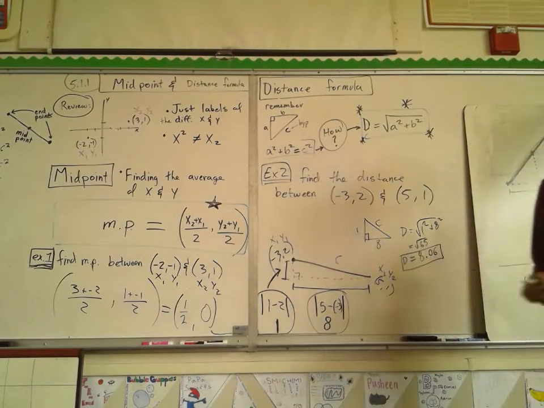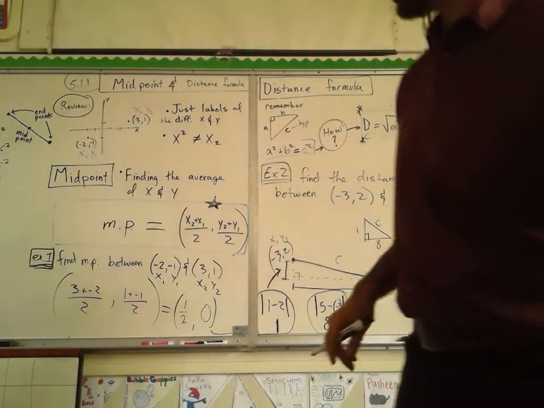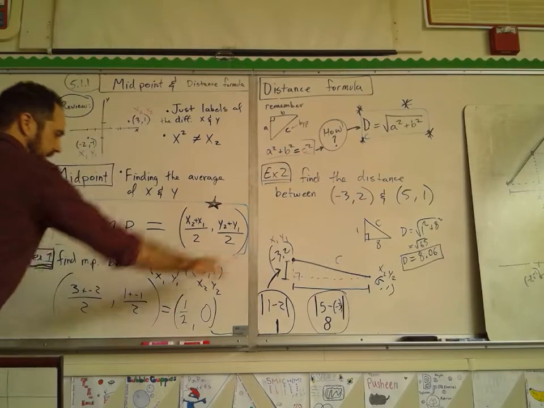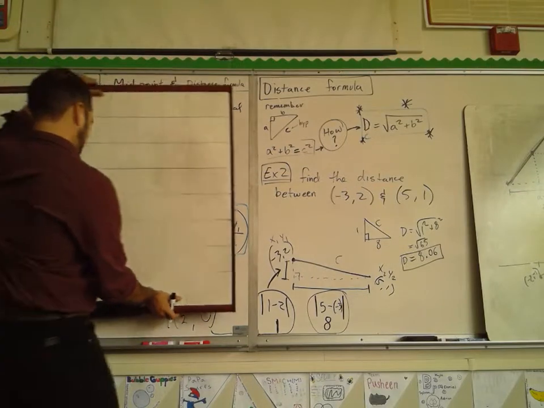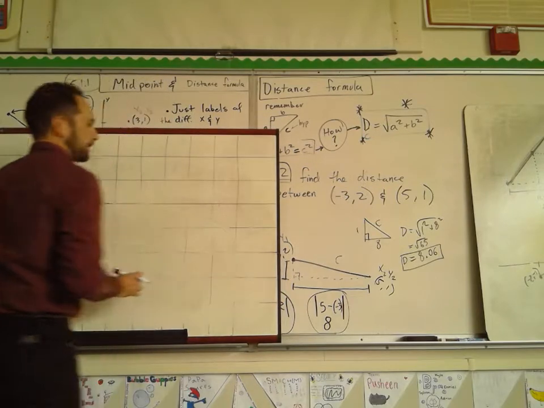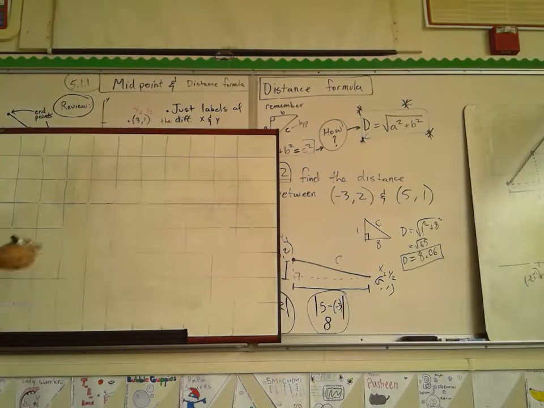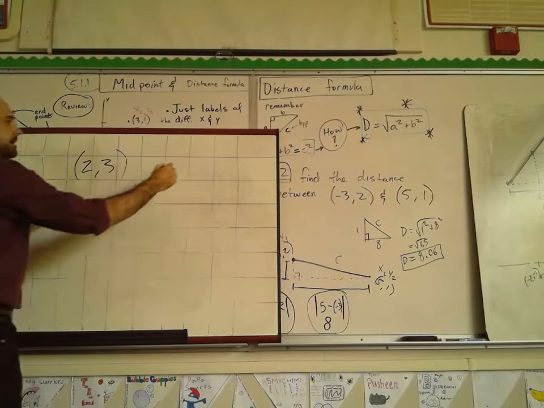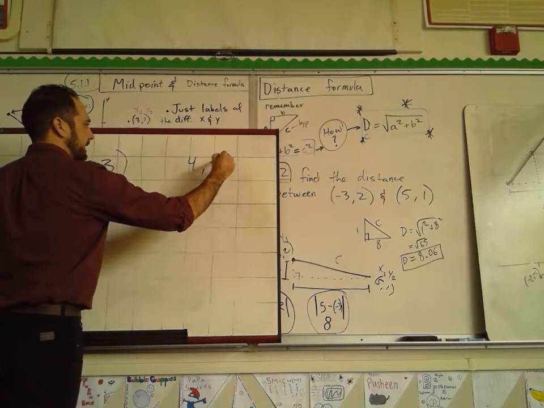Okay. Let's do one other attempt with this, just because this last part's a little trickier. All right, so with this, we're going to go from, how about 2, 3 to 4, -1.